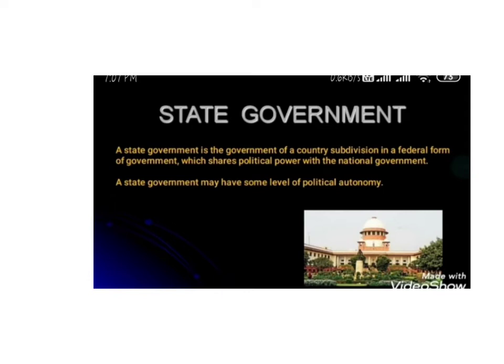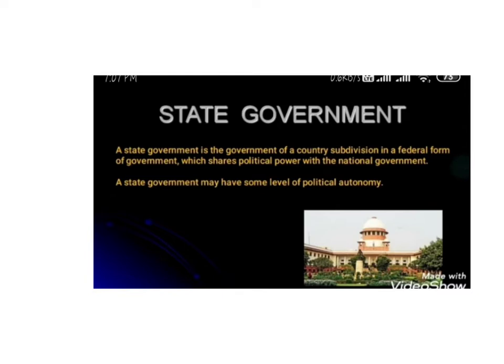It means that, as I already told you, India has a federal form of government. That means the powers are divided. We have the union government and then comes the state government. So the political power is shared between the union government and the state government.